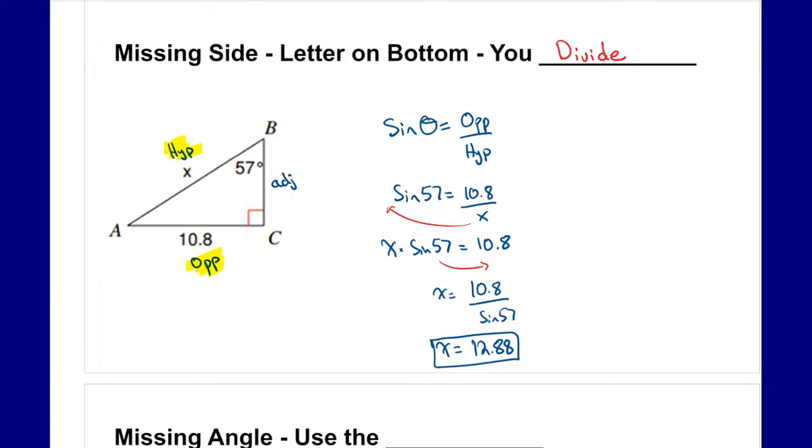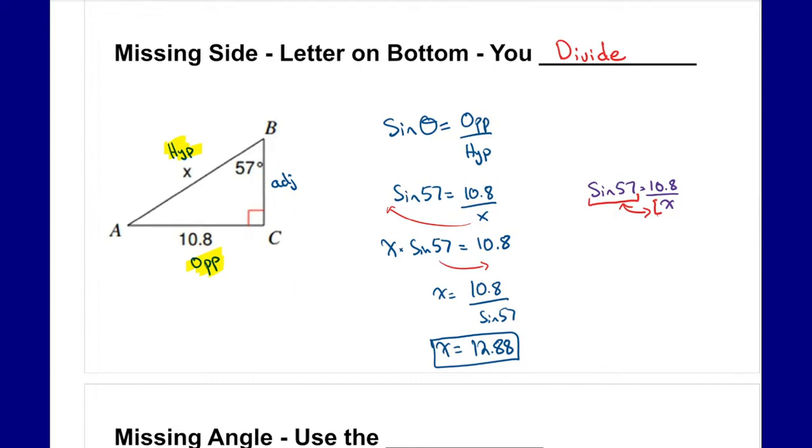Now, there is a quicker way to do this rather than switching things back and forth. Once I fill out the information, sine 57 equals 10.8 over x. Once I recognize that the variable is on the bottom, I can just switch these two entire pieces, the sine or the ratio and the angle with the missing letter.